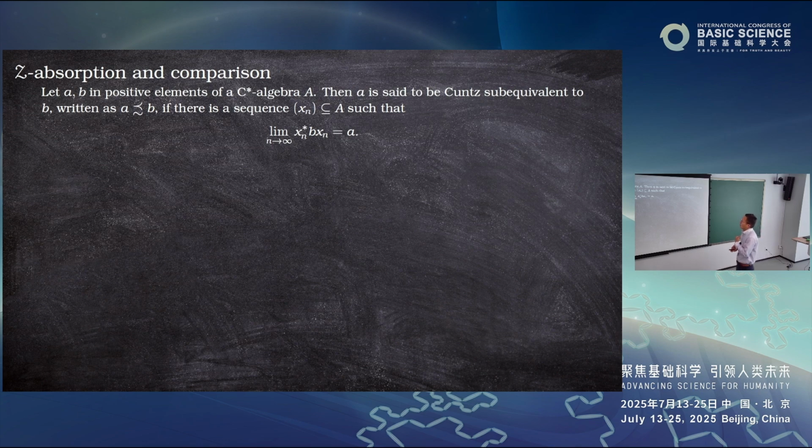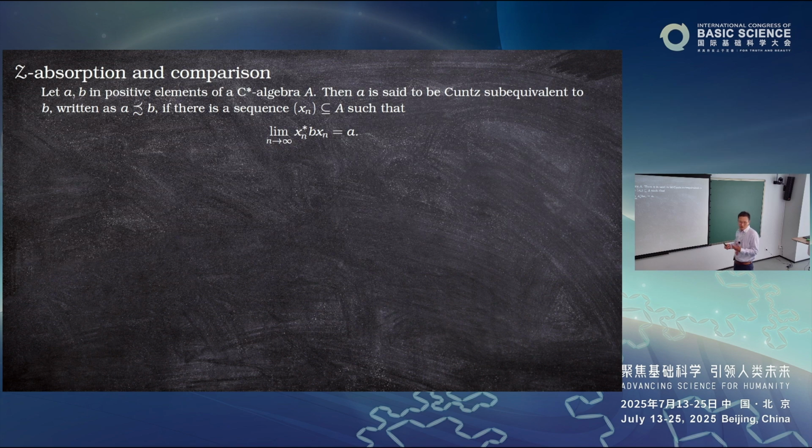So what comparison do we want to talk about? This is called the Cuntz comparison. Let's look at a general C-star algebra A. Let's look at two positive elements. If you are not working on C-star algebras, you can think we are looking at the algebra of n by n matrices, and let's look at two positive matrices.